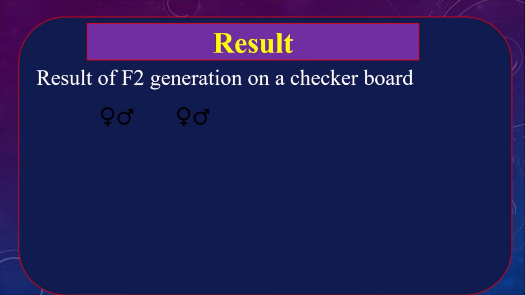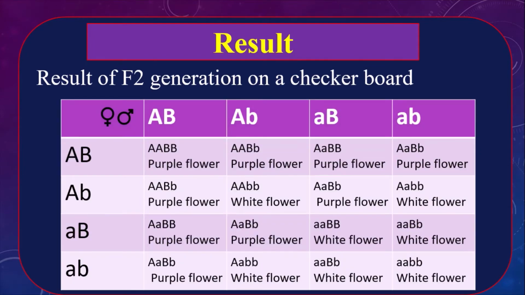Result of F2 generation on a checkerboard. Capital A capital B, capital A small b, small a capital B, small a small b come from the male flower, and the same gametes come from the female part of the flower.